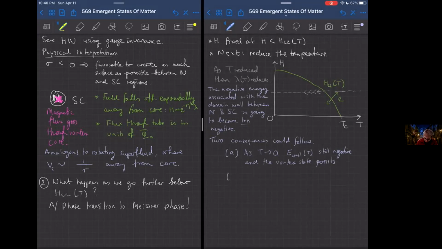The second possibility that can happen is that E wall of T is not negative enough for the vortex state to be thermodynamically stable.